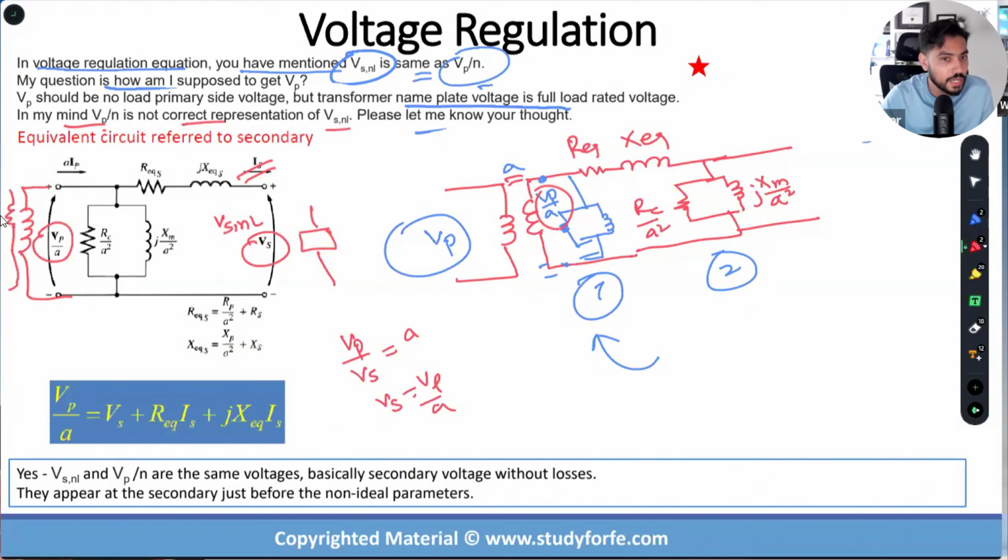If there is no current flowing, these terminals are open, let's say. There's no voltage drop here. This VP by A is appearing across this guy. Can you guys now see that VSNL and VP by A are the same thing?